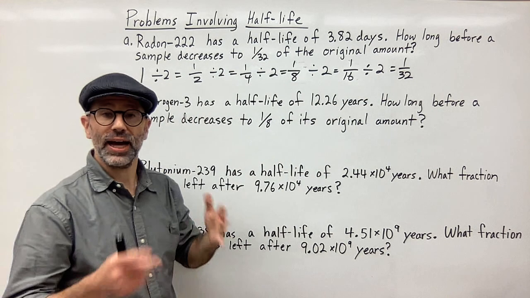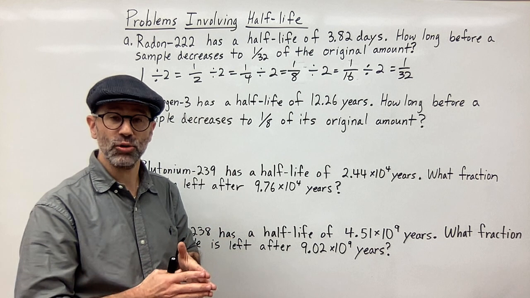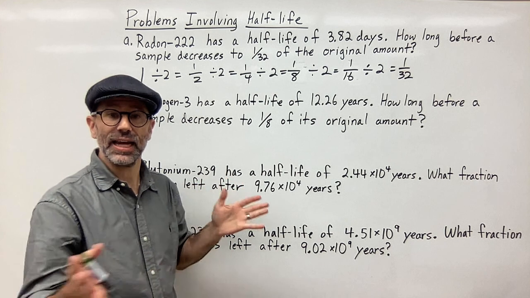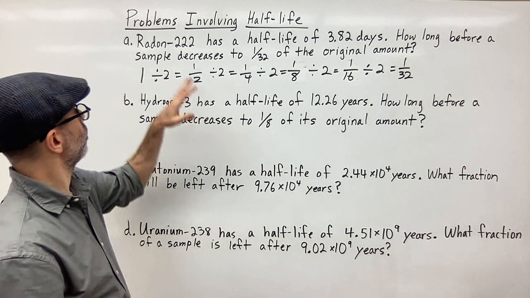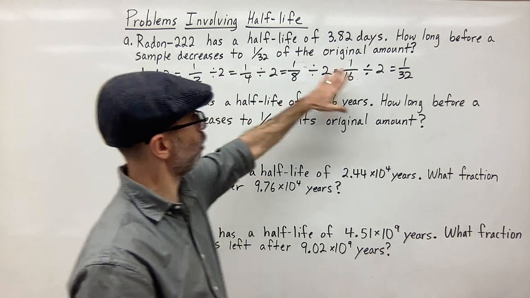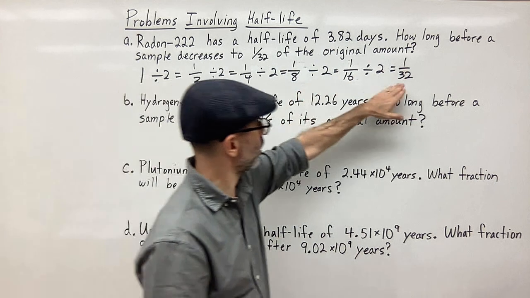Okay, so again, half-life is the amount of time it takes to undergo the process of decaying half of your substance. So they're asking, if the half-life is 3.82 days, how long will it take to get to 1/32?